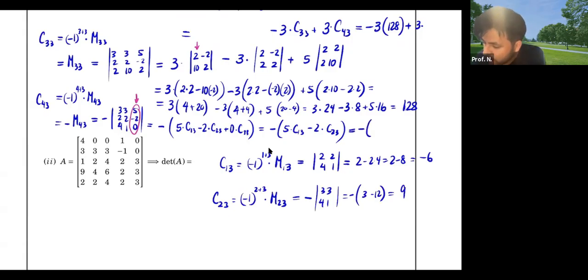I got negative 5 times negative 6 minus 2 times 9. Negative 30 minus 18. Sorry, it should be negative 30. Negative 30 minus 18. This will be a negative 48, which would be positive 48.